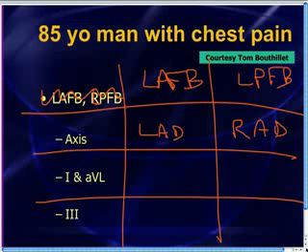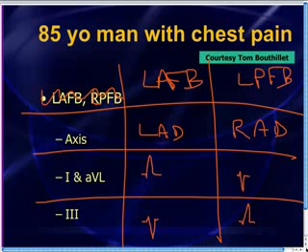Left anterior fascicular block in leads 1 and aVL, you get a little Q wave and a big R wave. You get the opposite with left posterior fascicular block. You get a little R wave and a deep S wave. And then in lead 3, you get the opposite. You get a little R wave and a big S wave. And then left posterior fascicular block, you get a little Q wave and the big R wave, okay?